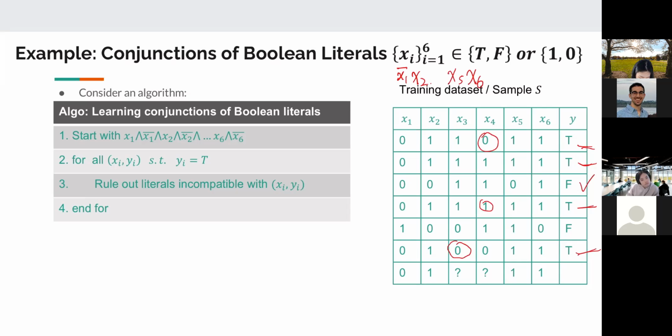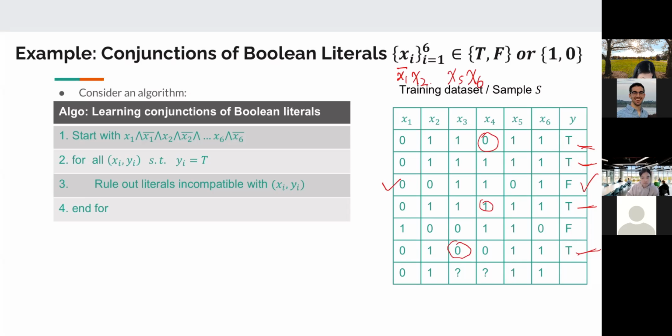Now let's look at this negative example. On this negative example, we have 0, 0, 1, 1, 0, 1. It's going to get false. Is this compatible? If x1 is 0, x1 bar is going to be 1, x2 is going to be false, right? So this is compatible, right? Agree? Yeah.